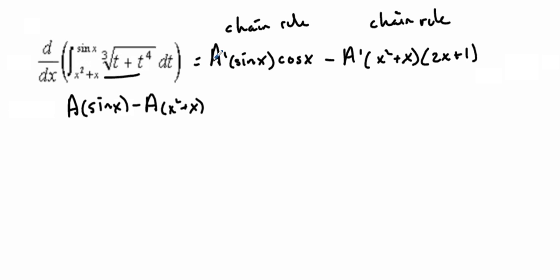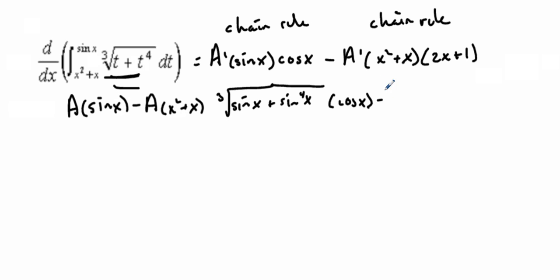So the derivative of the antiderivative equals the function inside. So it should be the cube root of, plug that in there, sine of x plus sine of x to the 4th power, times cosine of x. That's going to be on the outside. All right, minus, I'm going to run out of room here.